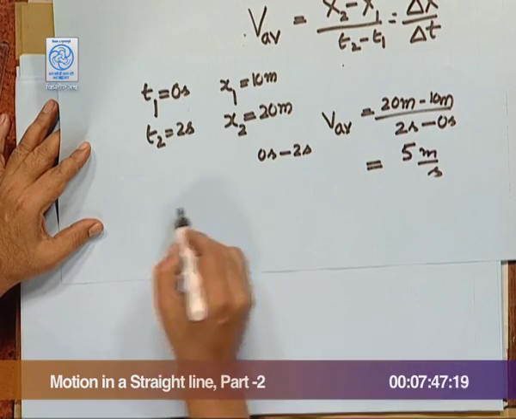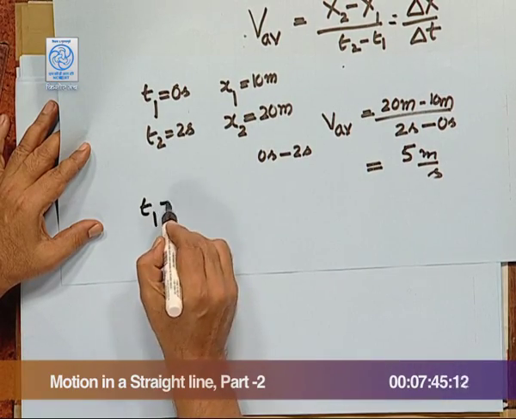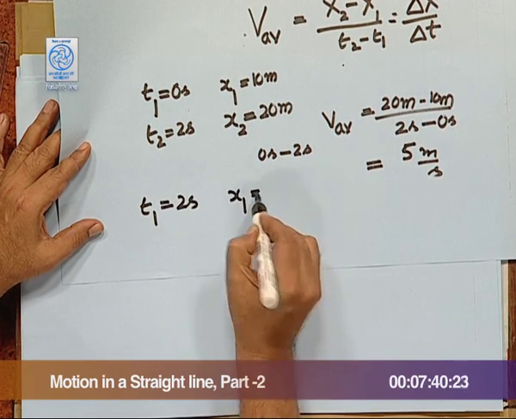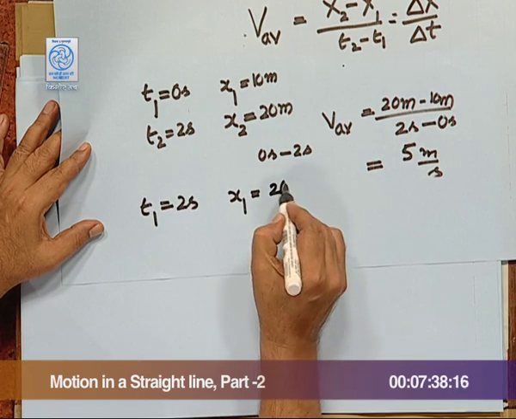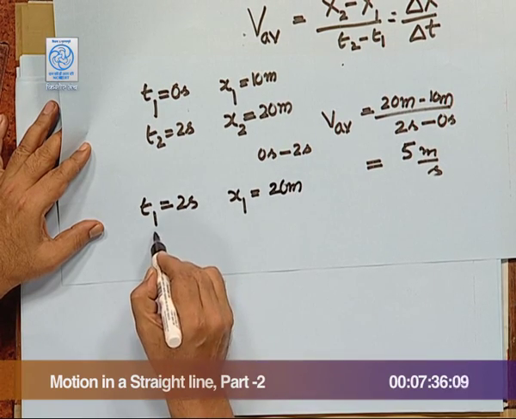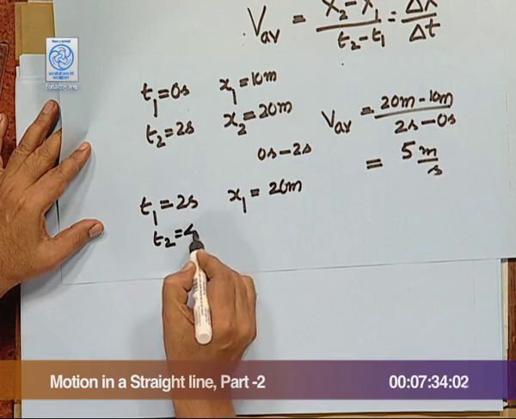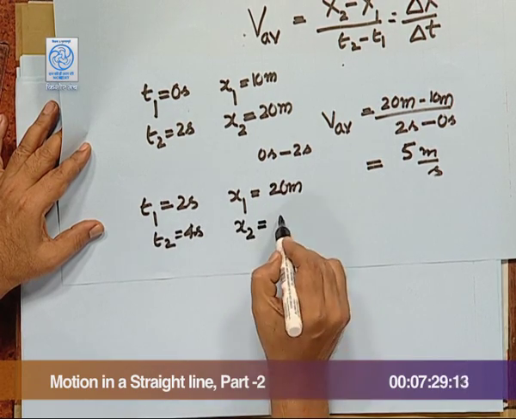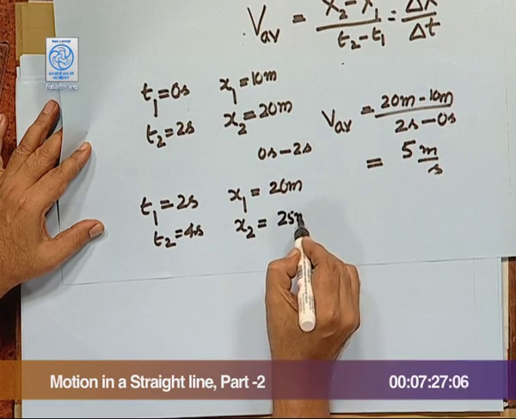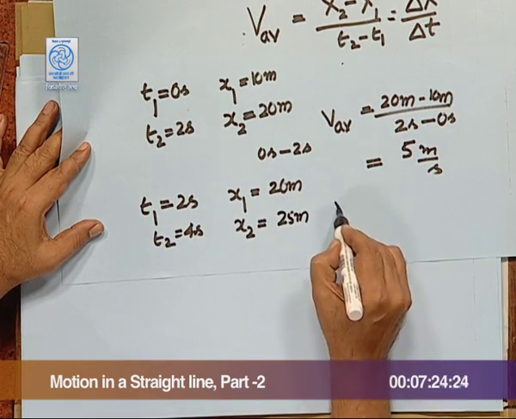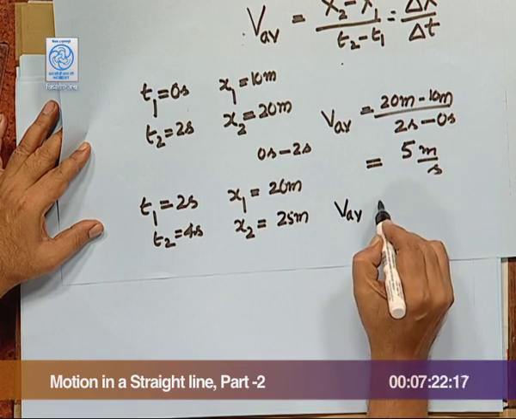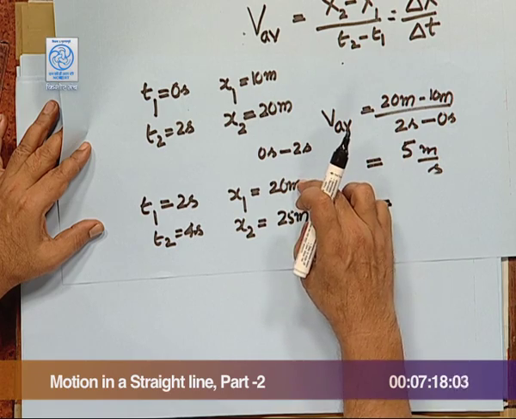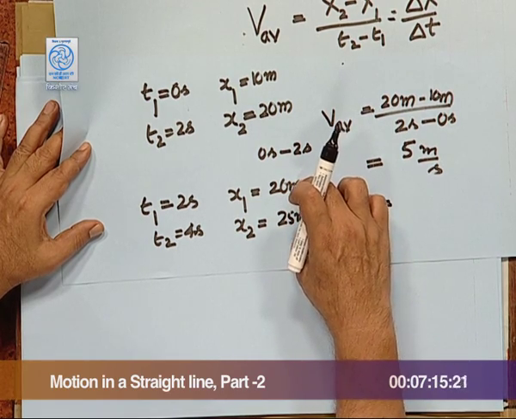Say now t1 is 2 seconds, x1 is 20 meters, t2 is 4 seconds and x2 is 25 meters. In this interval, V average, if you substitute the values, is 25 minus 20, which is the change in the position coordinate, which we call the displacement.